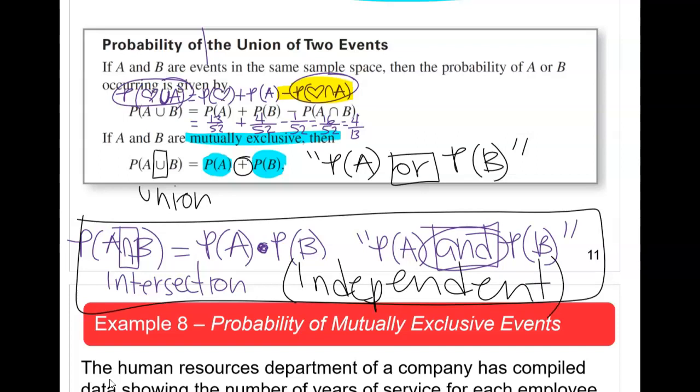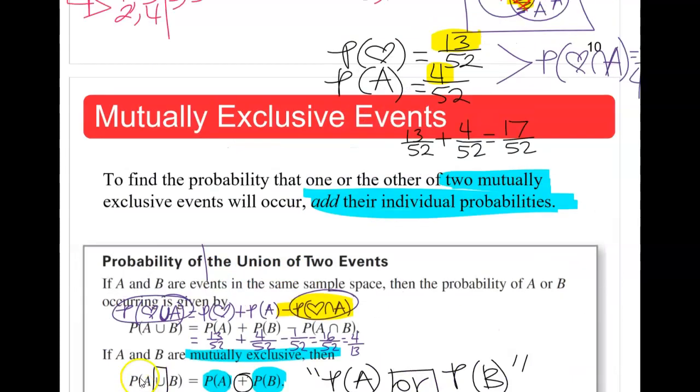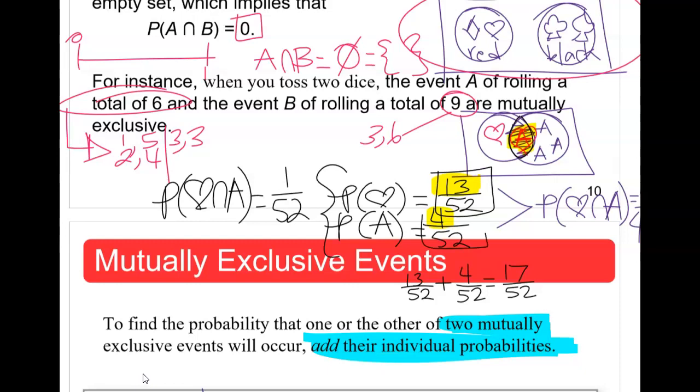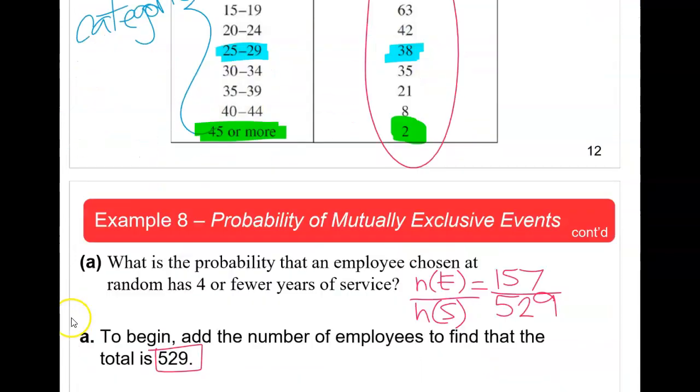And if they were, for example, dependent, such as this one, we don't multiply the probabilities. You could just simply count how many of those there would be. So if the question was, what is the probability of getting a heart that is also an ace, then that will be simply 1 out of 52. So there will not be a need to multiply these 2 probabilities because we could just easily identify which one is both.